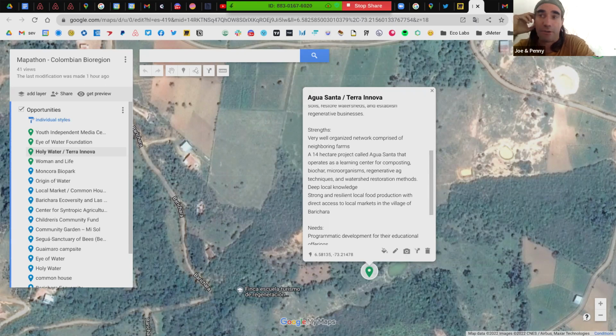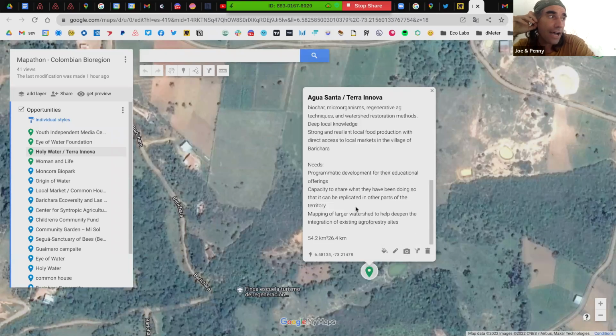So I see them as being representative of something really profound. And their biggest needs so far seem to be that they need to be able to replicate what they're doing into other parts of the territory. And they need to build and sustain educational processes, educational offerings that can sustain the replication of what they have to share.